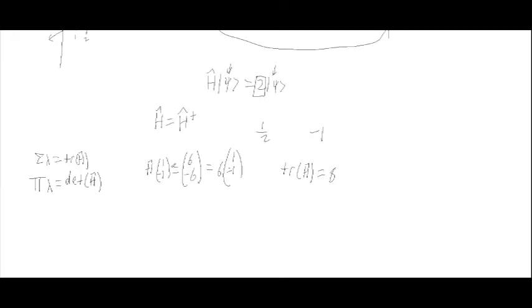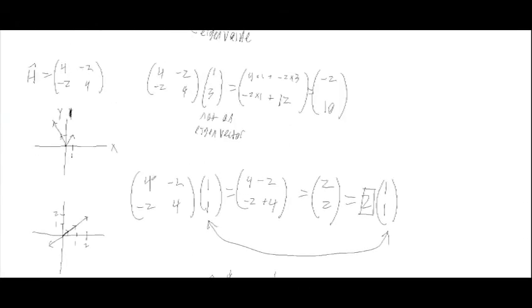And you can also see that 6 times 2, so the determinant of it, as we know, is 4 times 4, which is 8, minus -2 times -2, which is another 4.